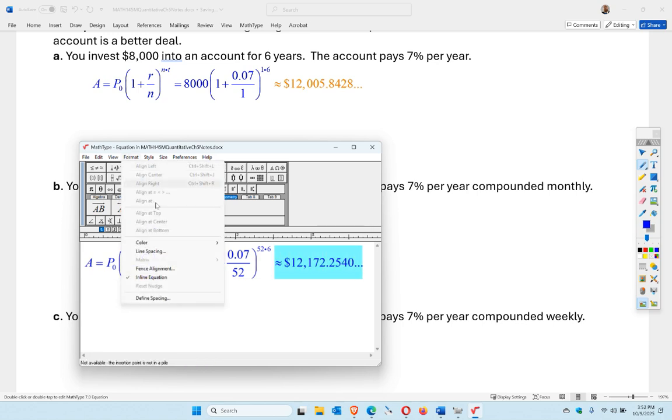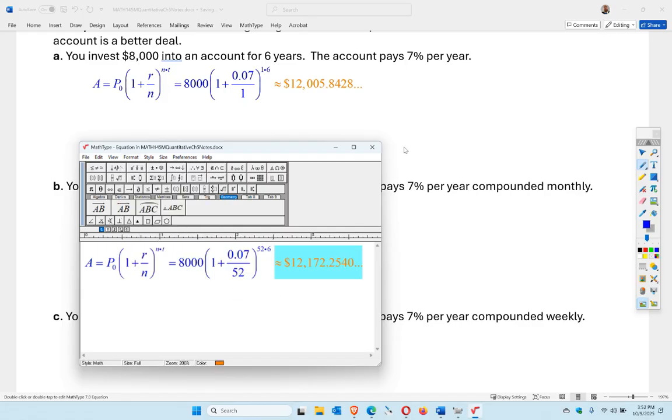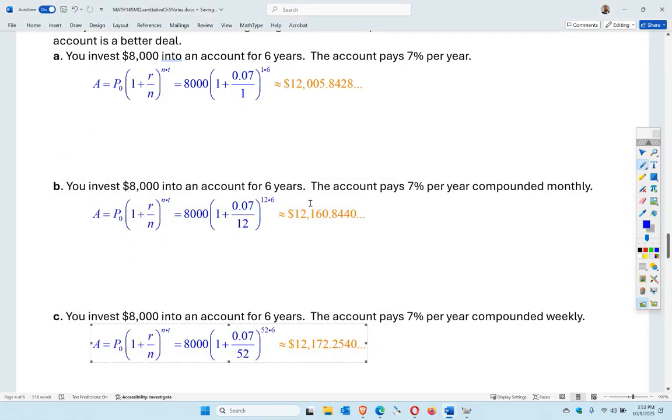Trying to remember what they were from one tab to the other. Okay, so in general, as you increase the number of compounds, it's going to increase the cost, right? That's typically why they want to compound. So 7% is not really 7%, unless it's actual per year with one compound, essentially. All right, that's the end of part 1.